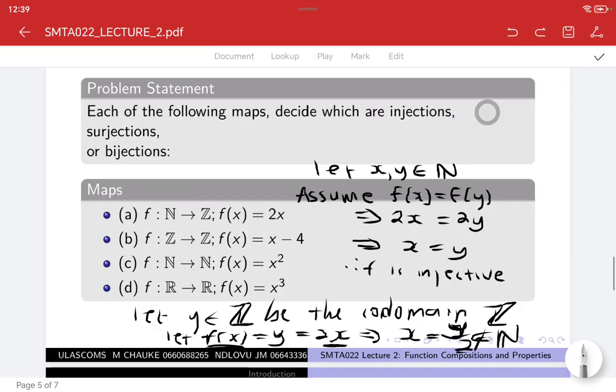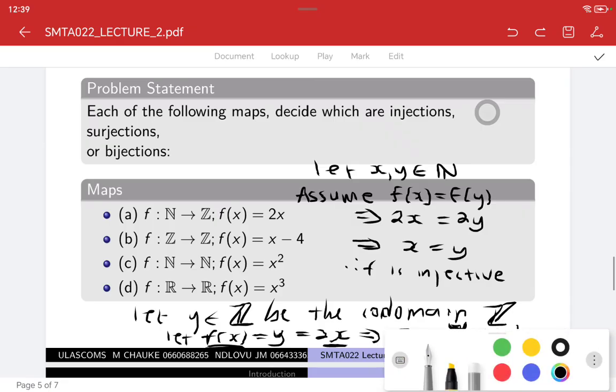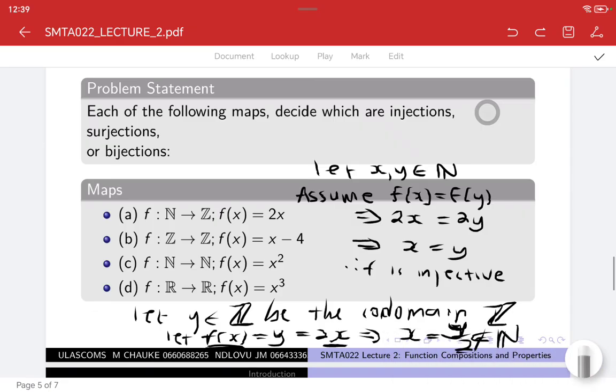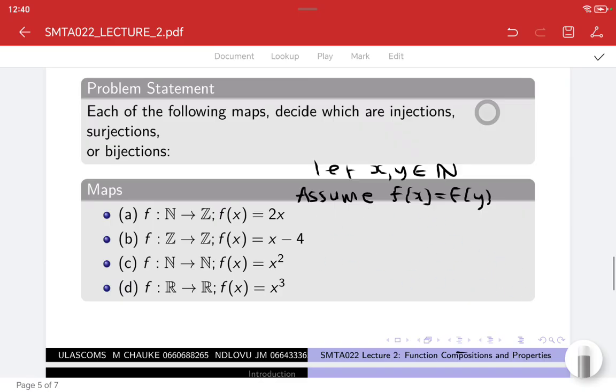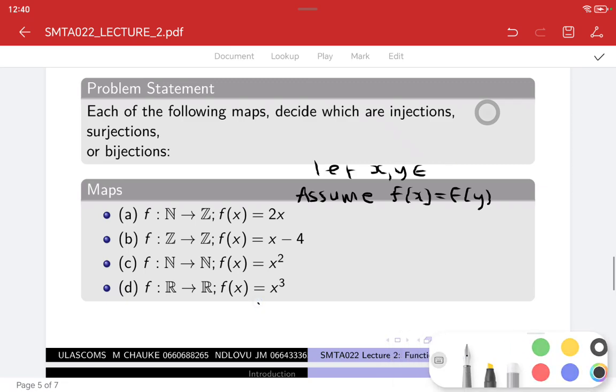So now we can check B. Let me erase this. With B, we have x minus 4, right?